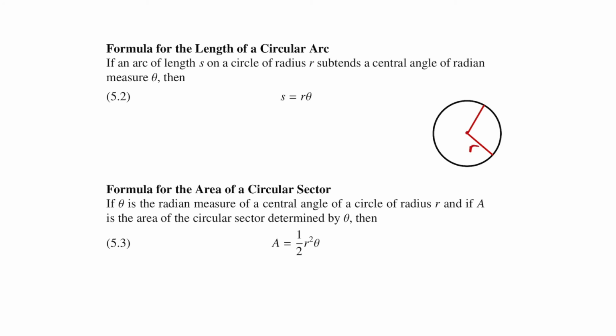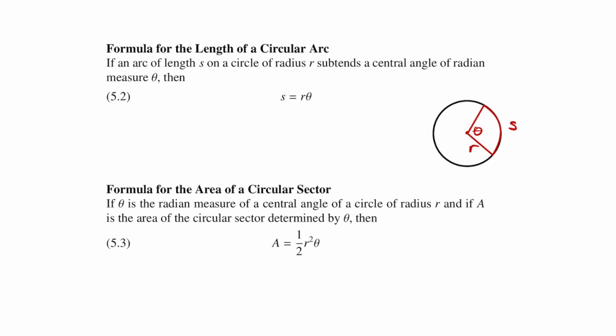This is the arc length, S, and this is theta, the central angle. So in order to find the measure of the arc, you would use this formula. The length of the arc is equal to the radius times theta.